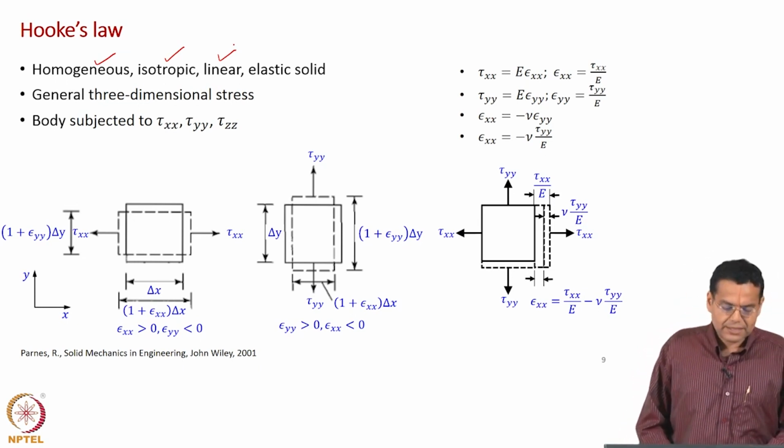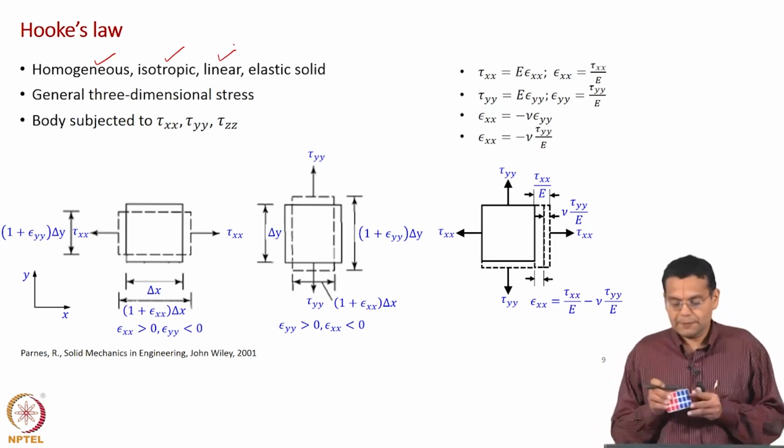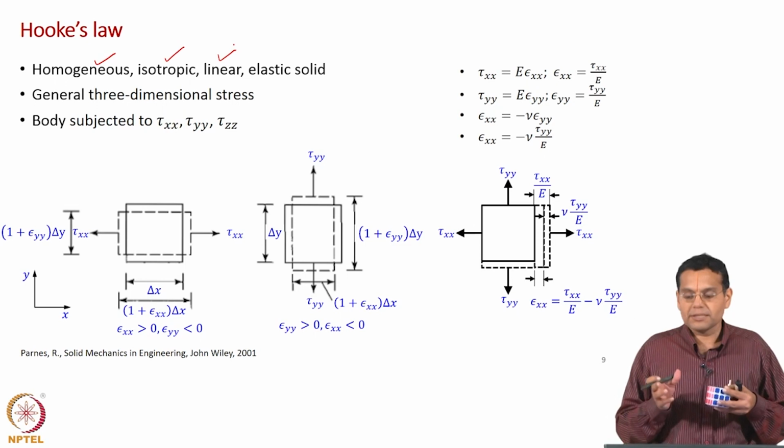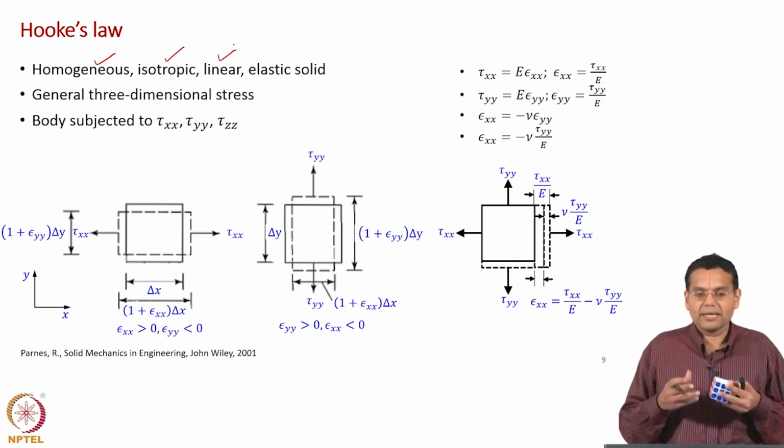What we do is we consider a body subjected to a general 3-dimensional stress. What do I mean by that? I have a body subjected to normal stress along x direction and y direction and z direction.